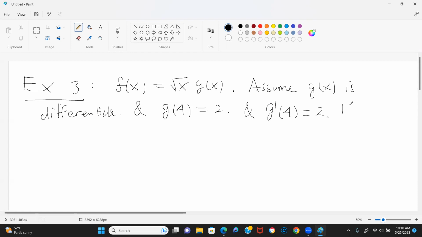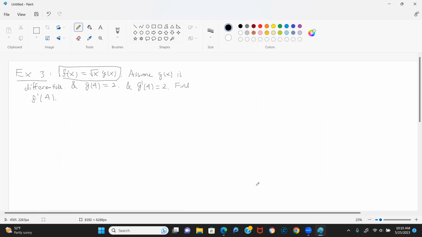What we want to do is find f prime of 4. First of all, we need to take the derivative, and we can do that because square root of x is differentiable, and g of x is differentiable.